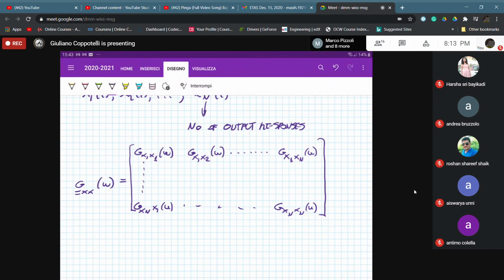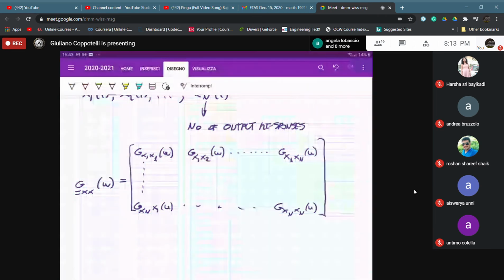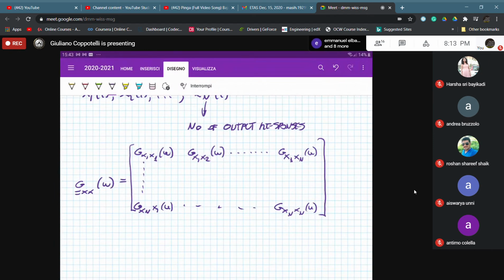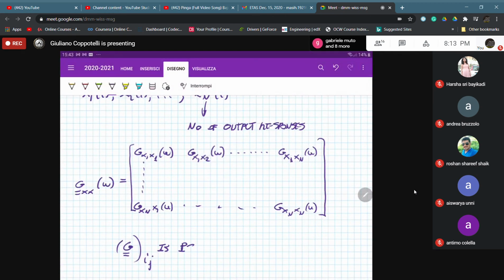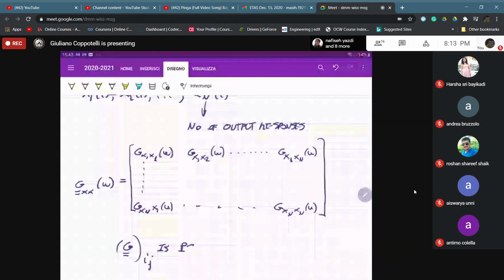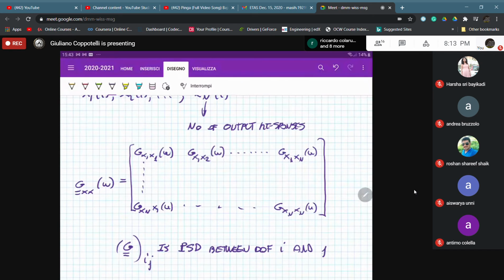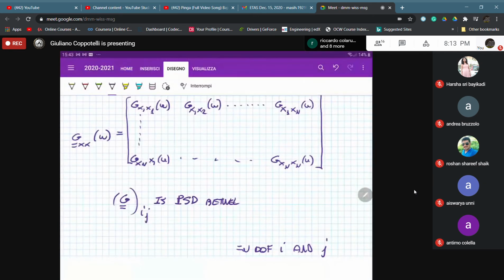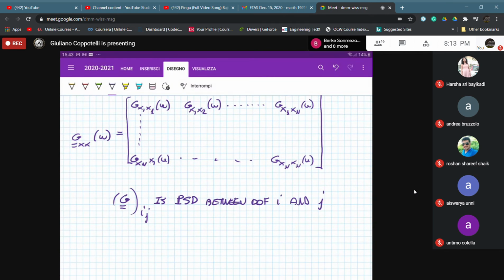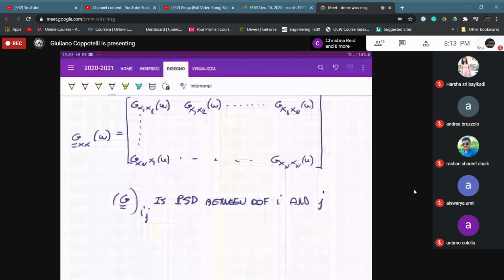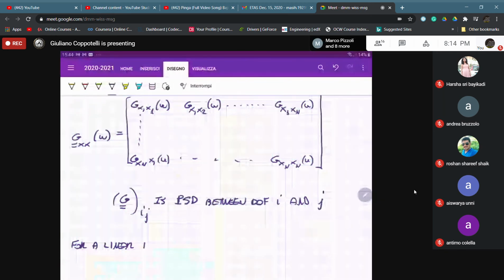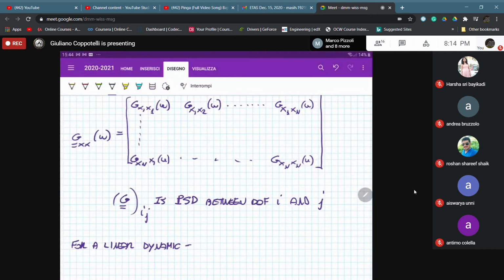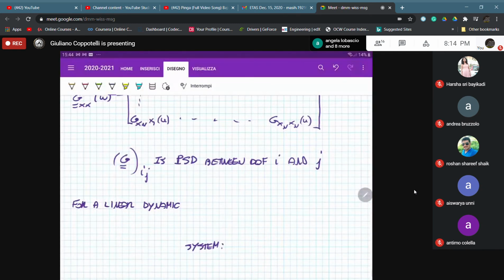because of that, you can refer to the element ij of this matrix as the power spectral density between the degree of freedom i and j. Now, for a linear dynamic system, we can relate the output power spectral density matrix to the input power spectral density matrix by using the frequency response function.